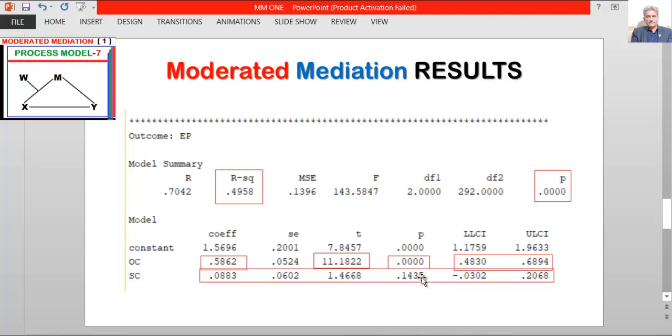P-value is also insignificant, and at the lower and upper limits of confidence interval, one value is minus, which means that zero is coming between these two limits. So all these statistics reveal that self-confidence is insignificant and it is playing very nominal role only at the sample level in changing the employee performance.